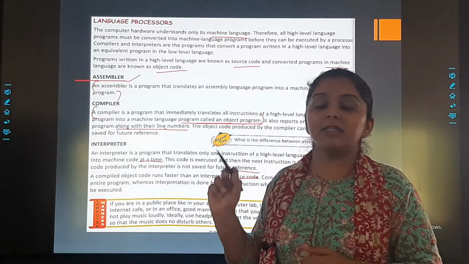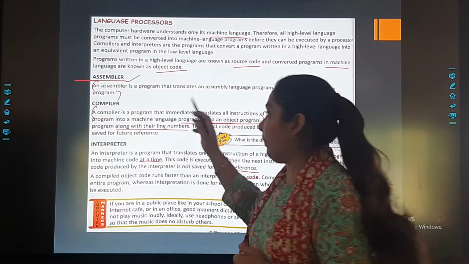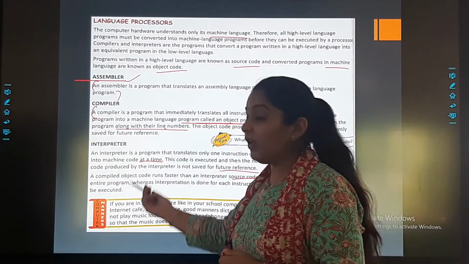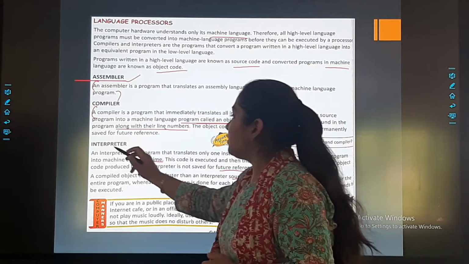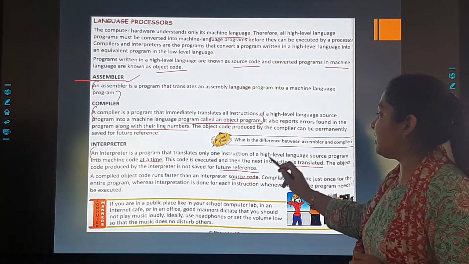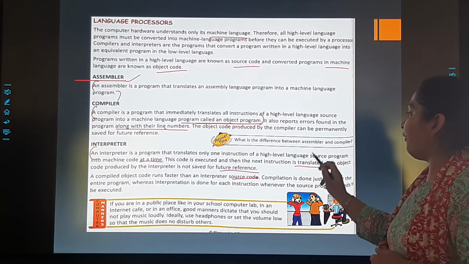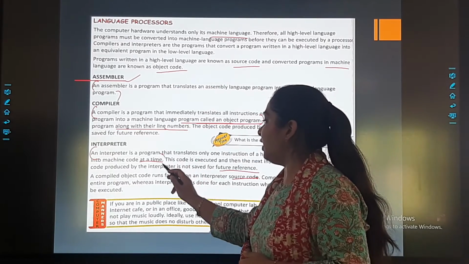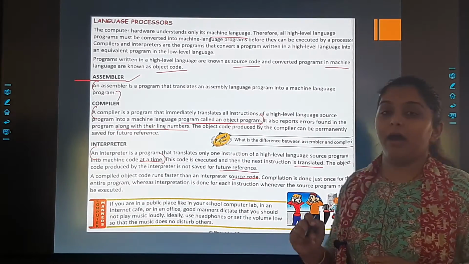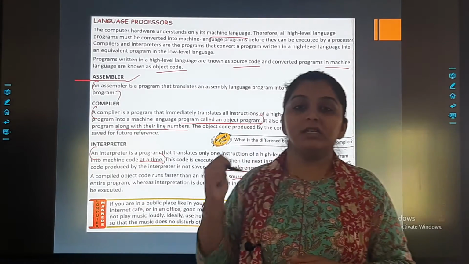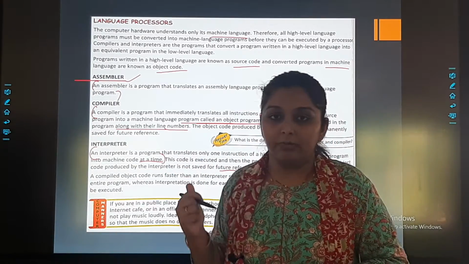So if they are asking to explain the term compiler, you will write from here to here. And if they are asking for interpreter, you can write from here. An interpreter is a program that translates only one instruction of a high level language source program code into the machine code at a time. That's it. Only one line from all the three terms.